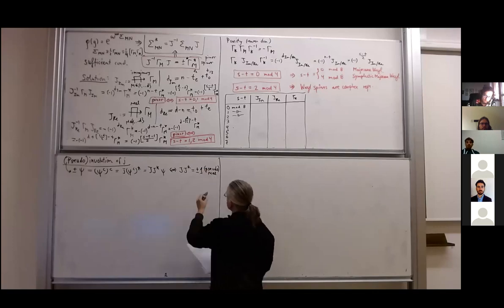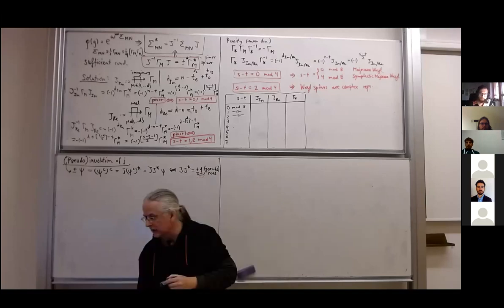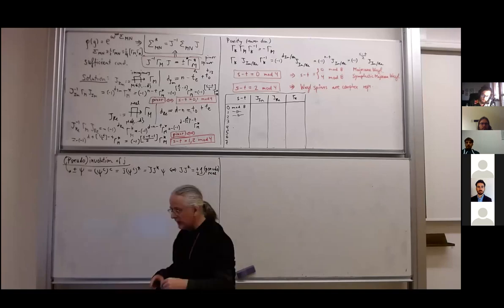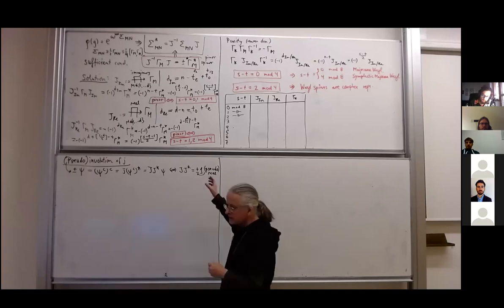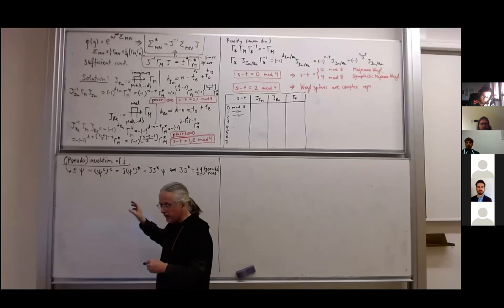So the pseudo again refers to the minus. So now, this will be exactly how we distinguish symplectic Majorana and Majorana. So if it's +1, then we call it Majorana. If it's -1, then we call it symplectic Majorana. Okay.